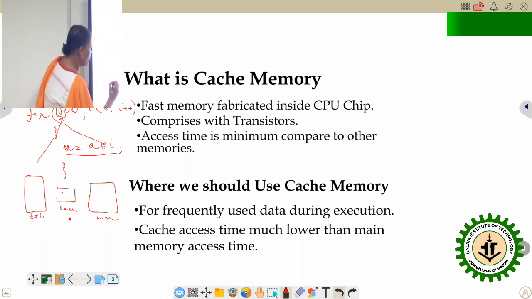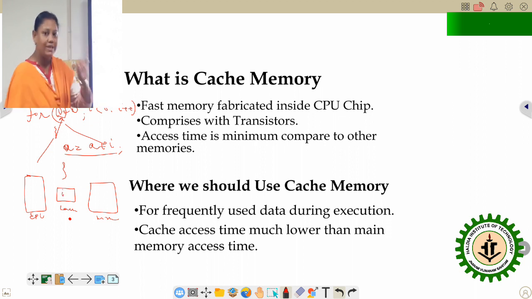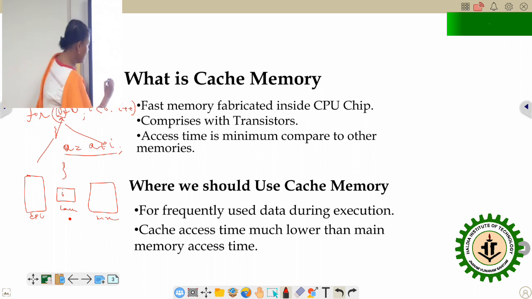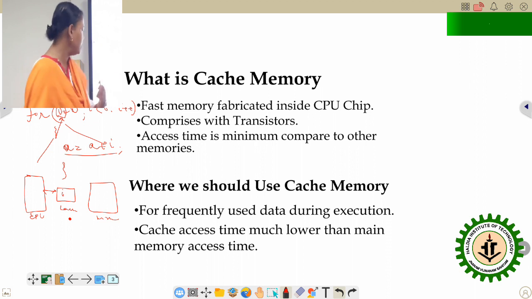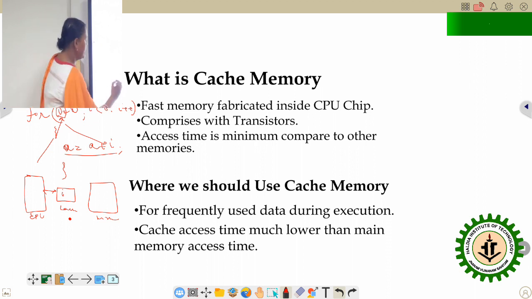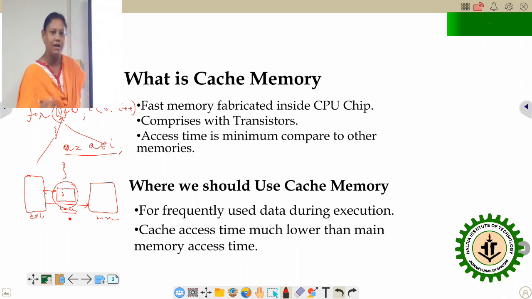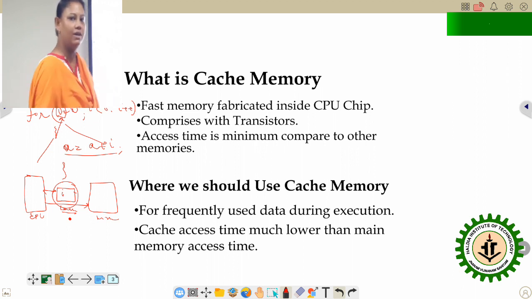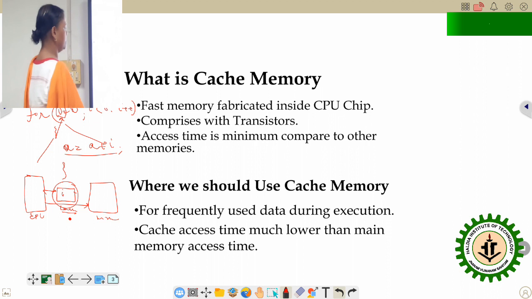If we store that loop variable within the cache memory, then the CPU first searches the cache memory for the data. If it is not found in the cache, then it searches the main memory. Since the access time of the cache memory is high compared to other memories, our access speed is increased, along with the system throughput.